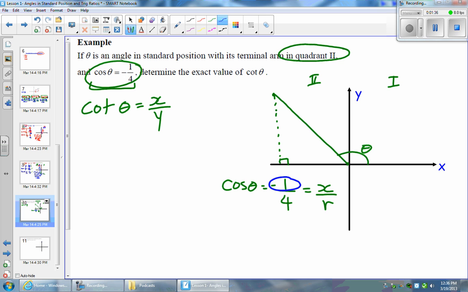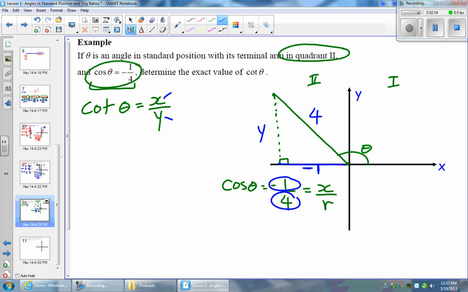So whatever this distance is from here to here, that's -1. And then finally my r value, which is the hypotenuse of my triangle, is going to be equal to 4. So that's where the 4 goes. Looking at my ratio here, we want the x value, which we know is -1, but we need the y value, which is something we don't have, which is this side right here.